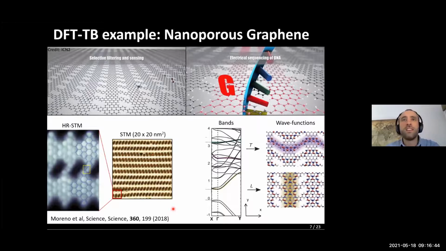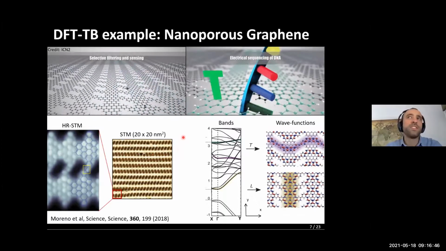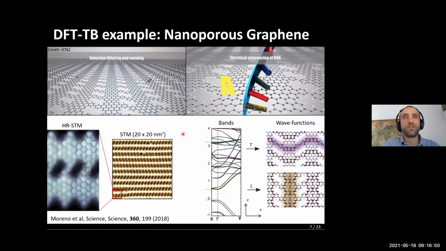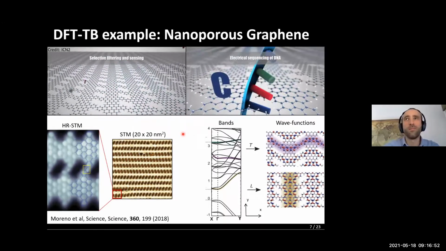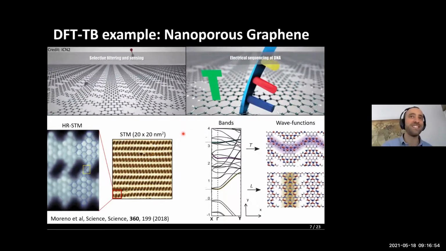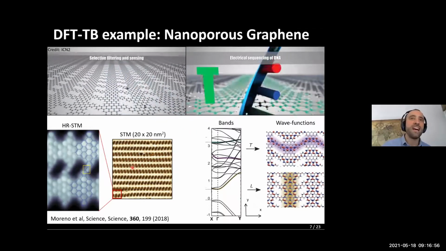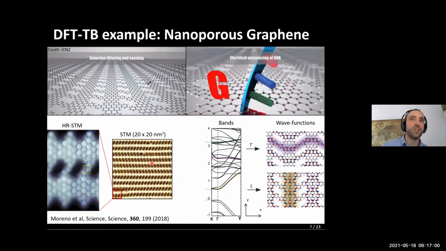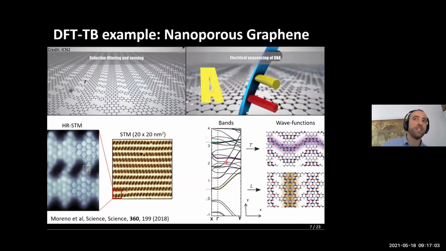And what you can see, the peculiarity of this material, besides making graphene a semiconductor, so making it more useful for making devices, is that the anisotropy in the holes, so in its structure, leads to an anisotropy in the bands.